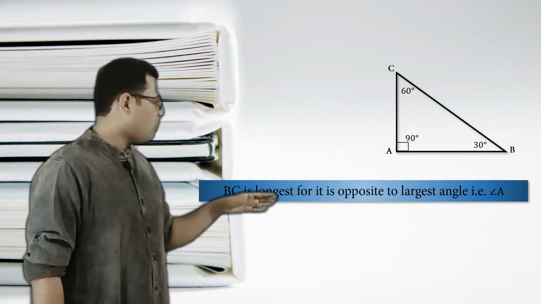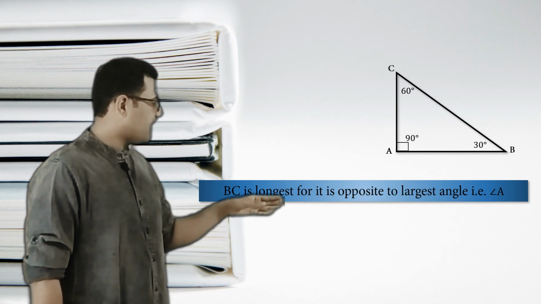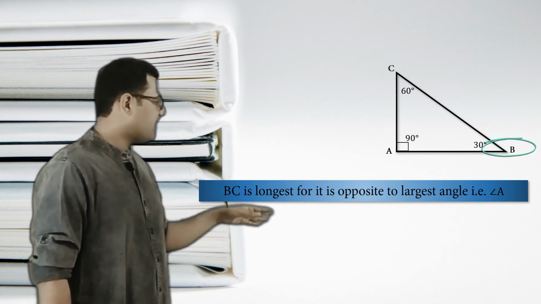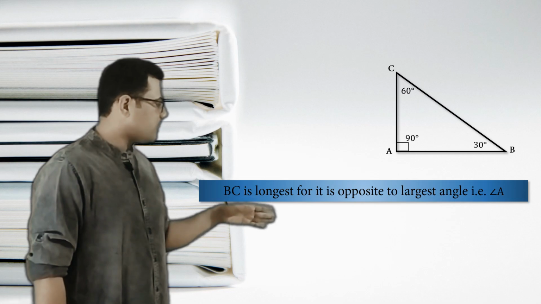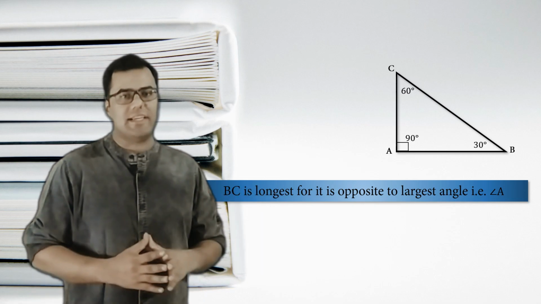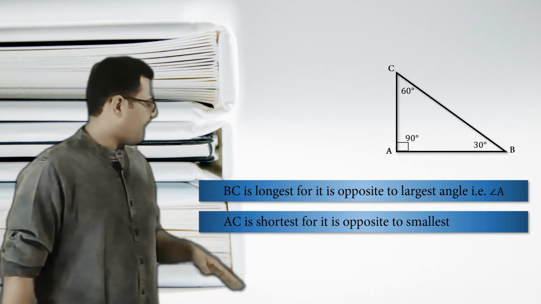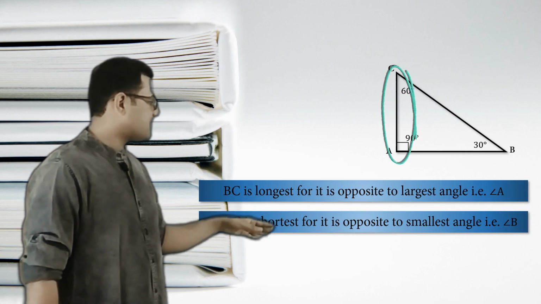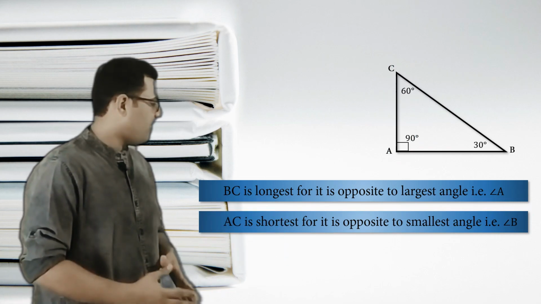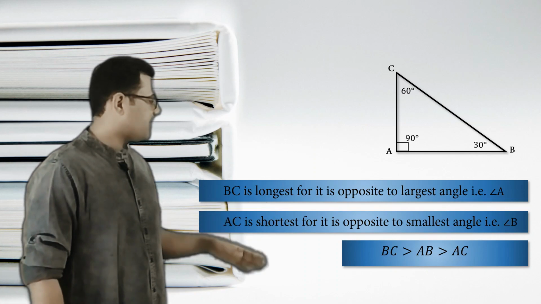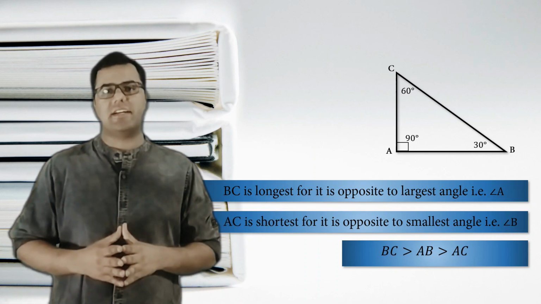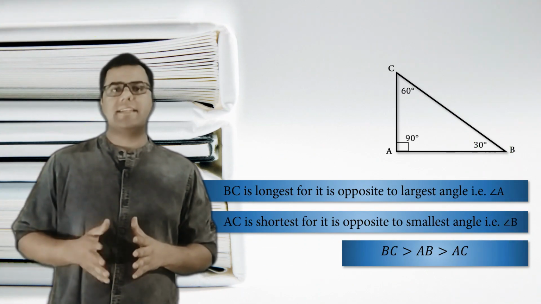Similarly, the smallest angle here is angle B equal to 30, then the side of the triangle opposite to this angle 30 should be smallest, and hence this line AC should be smallest. AB will fit in between, and we have BC greater than AB, which is greater than AC. Now let's discuss what is the area of a triangle and what is the perimeter of a triangle.